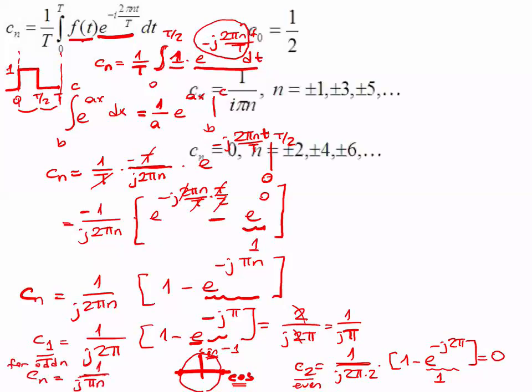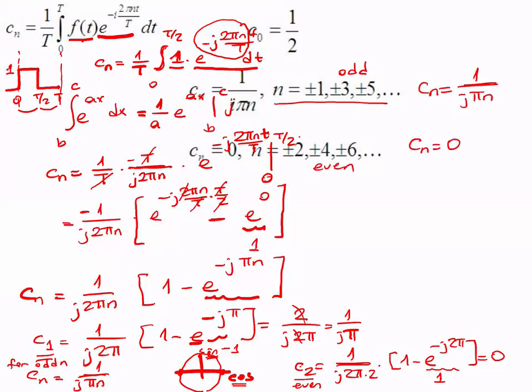So 1 over j pi n for n equal to plus and minus 1, and these are odd integers, either negative or positive, and these are even ones. For the even ones, Cn's are equal to 0. For the odd ones, Cn's are equal to 1 over j pi n.